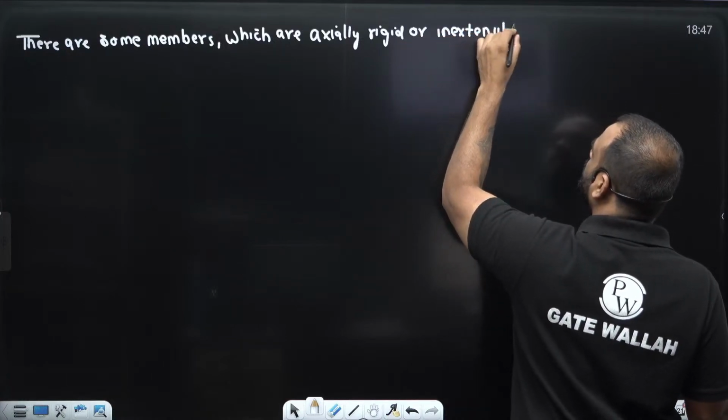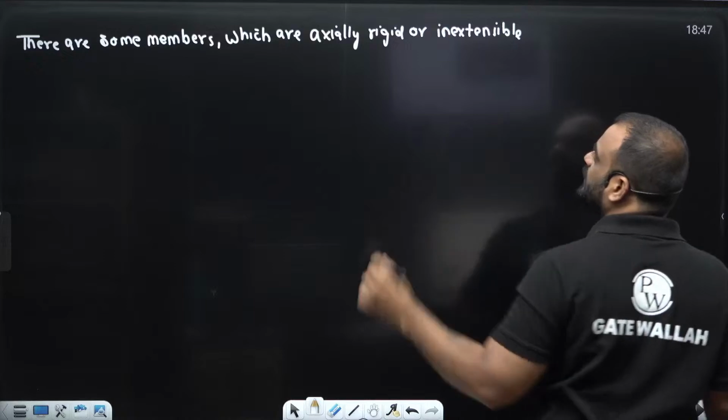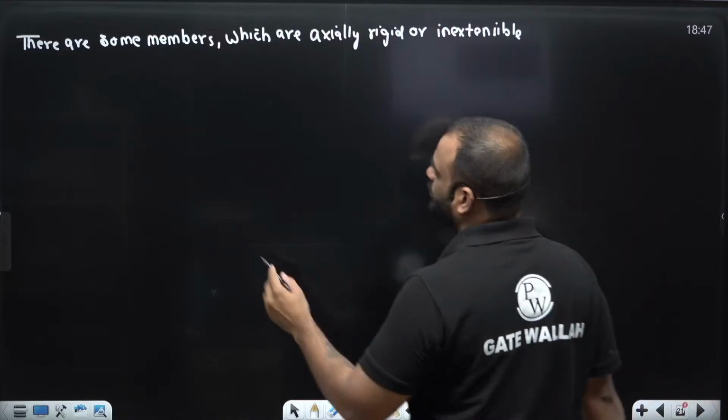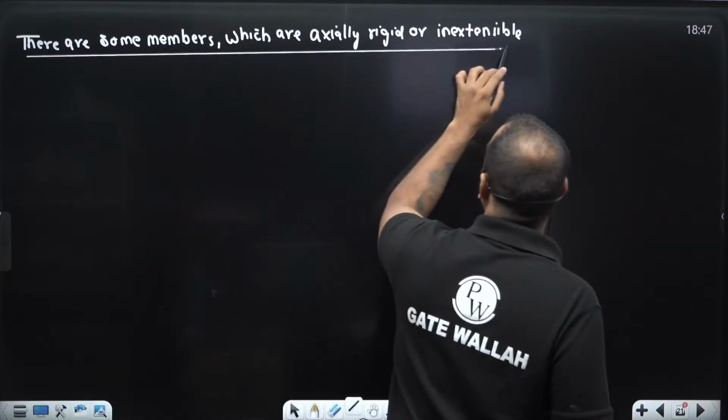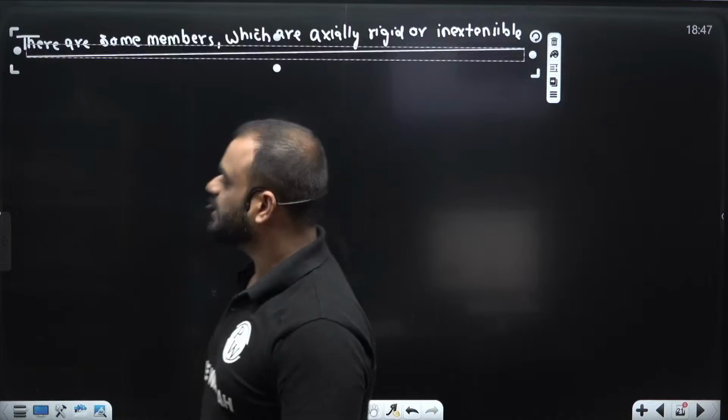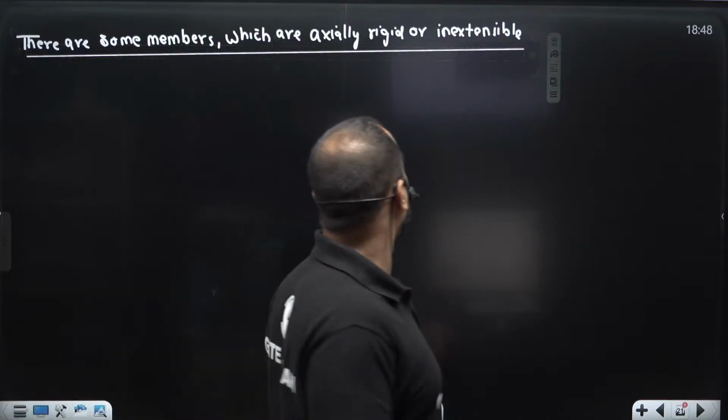What does it mean, sir? Let us understand this first, then we'll write down the formula. Let us suppose there are some members which are axially inextensible or axially rigid.